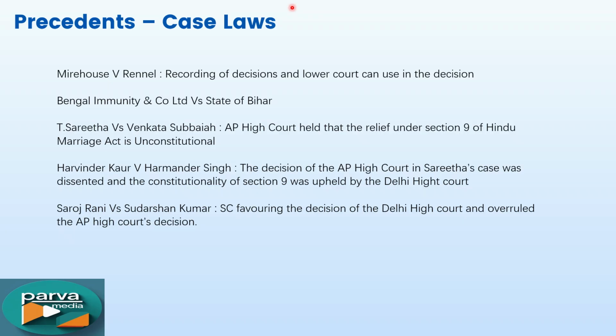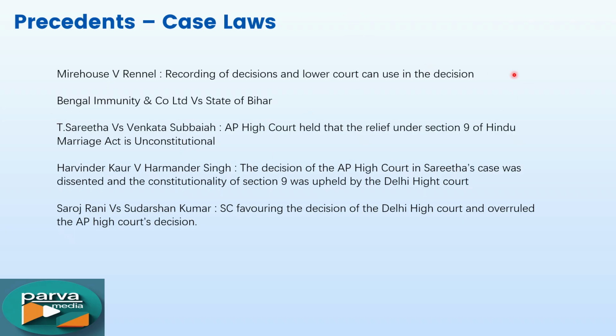Mira House versus Renal. This case emphasized the importance of recording judicial decisions. It established that lower courts can refer to and rely on previously decided cases to guide their rulings. This laid the groundwork for the doctrine of precedents in the common law system.